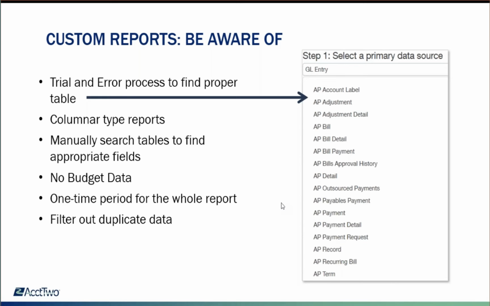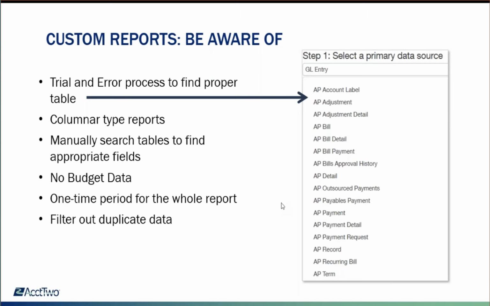And it's not always clear which one to start with. So sometimes you have to open up the table, see what fields are available, see what related tables are available, what fields are in those, etc., to determine if you're in the right place to get the data that you need.